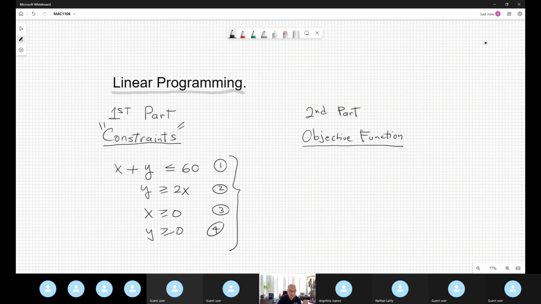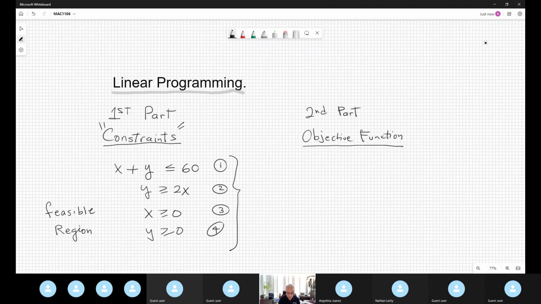You solve the system in Desmos, you put the inequalities in Desmos, and you see the solution. Of course, the solution is a region. And by the way, this region is called the feasible region.